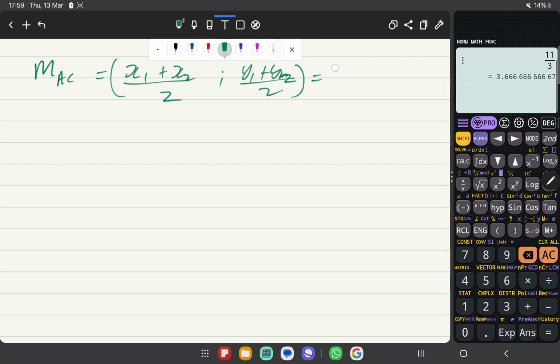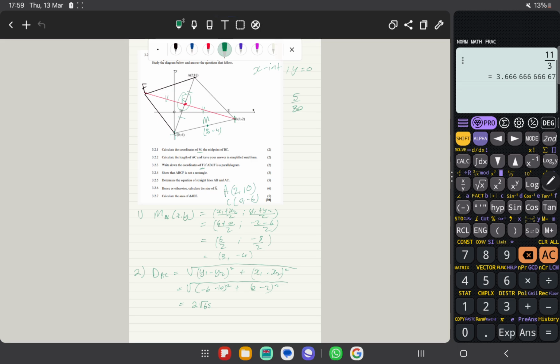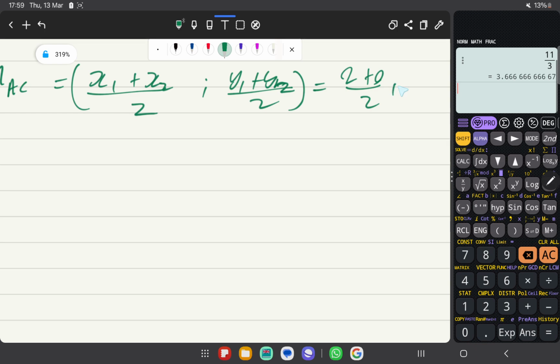I have x being 2 and x being 0, and y being 10 and minus 6. So I have minus 6 plus 10 divided by 2. Then I have 2 over 2, which is 1, and 4 over 2, which is 2, right?